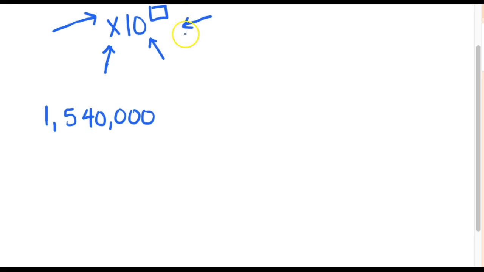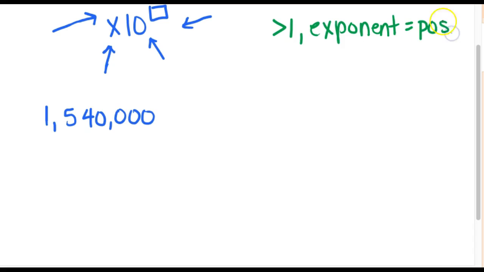So what I'm going to do, first of all, the number, is this greater than 1? So let's make a little side note. If it's greater than 1, then our exponent is positive. I'm just going to shorthand this.